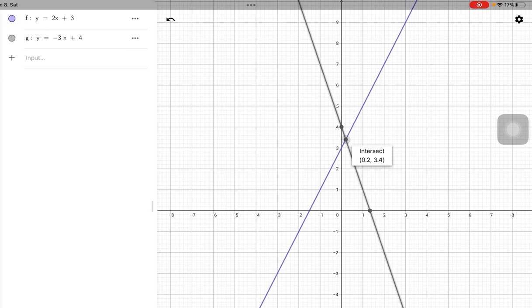It is easy, we just set the two functions equal: 2x plus 3 equals minus 3x plus 4, and we can find x, and this x will be 0.2. If we put 0.2 in both graphs, 3.4 will be our answer for the intersection point between the two graphs on the y-axis.